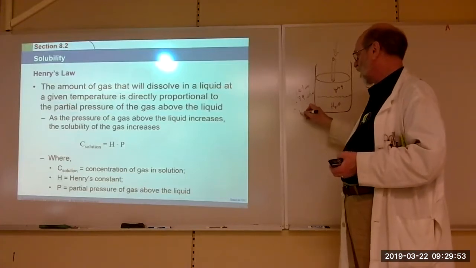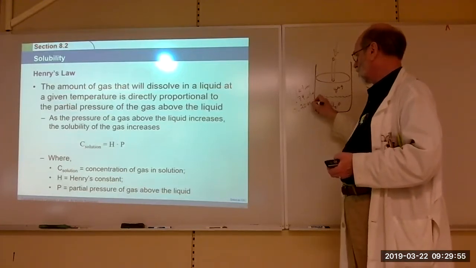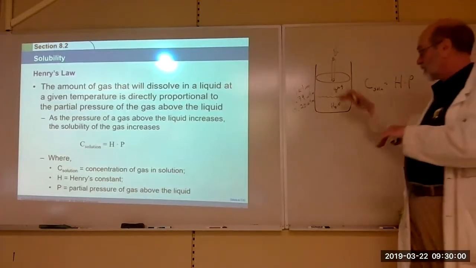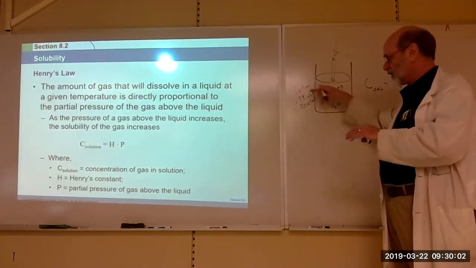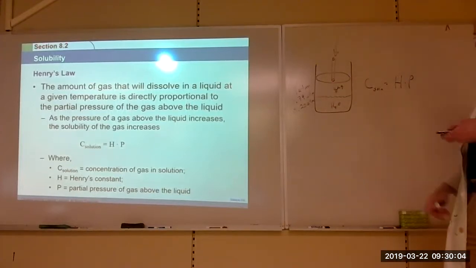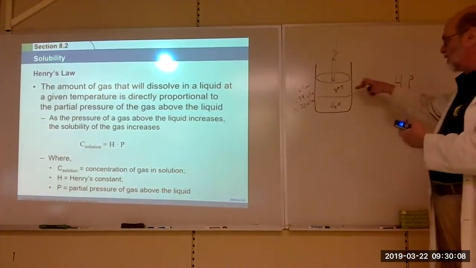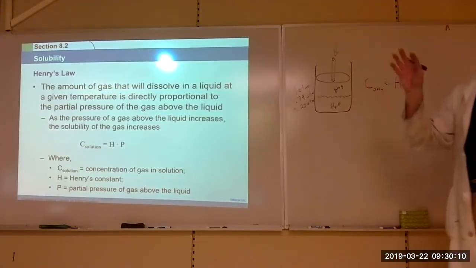And the partial pressure of oxygen is going to be 0.2 atmospheres. So you can determine the solubility for each one as long as you know the partial pressure. Okay. If it's a pure gas, then you only need to measure the exact pressure of the total.